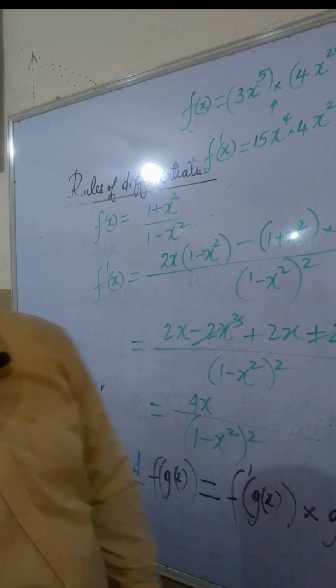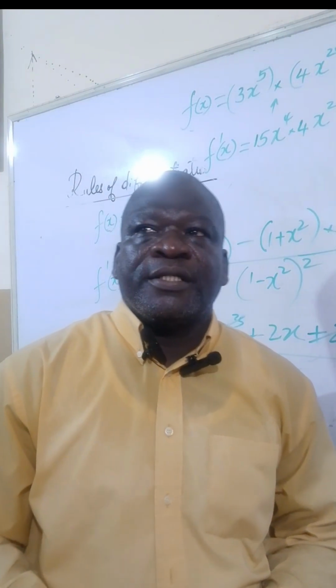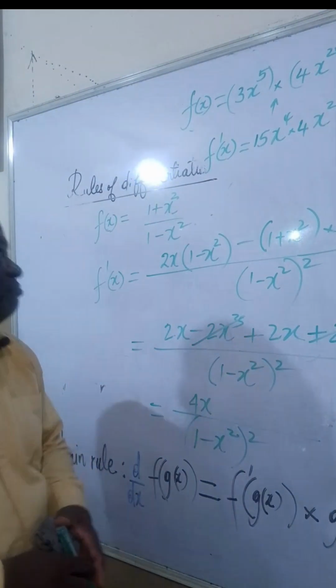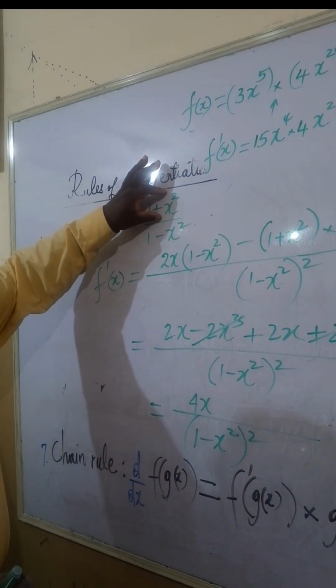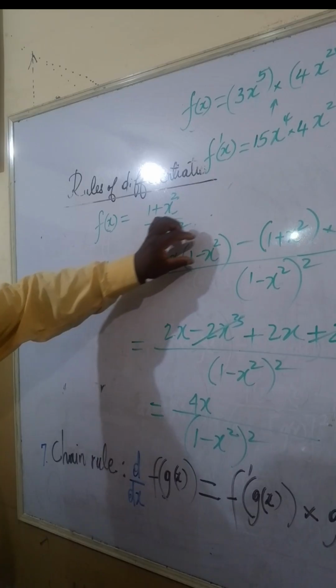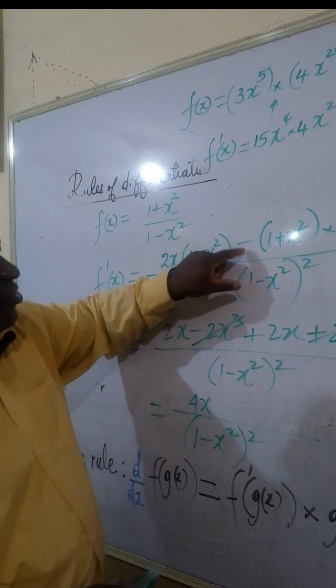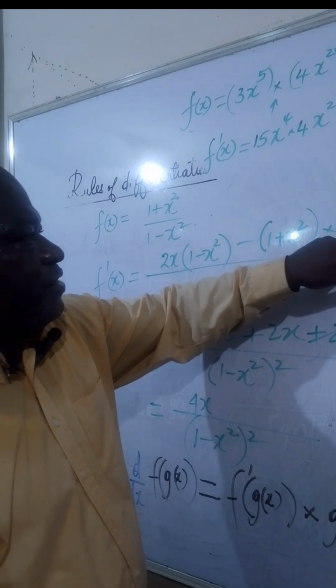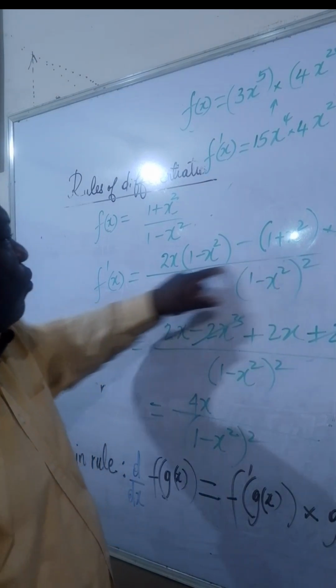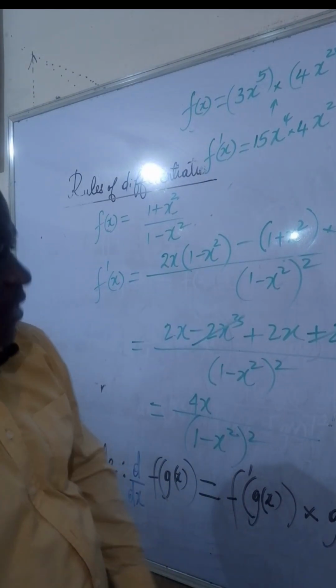So this is how we can apply the quotient rule in differentiation. Always start with the numerator. Differentiate the numerator first, multiply by the denominator, minus the numerator times the differentiation of the denominator, all over the denominator squared.